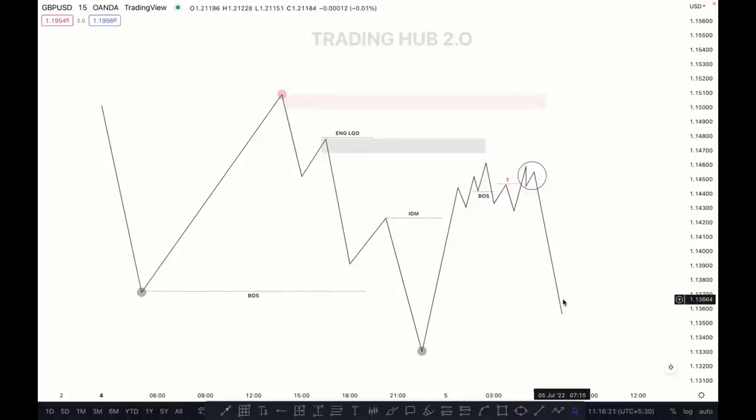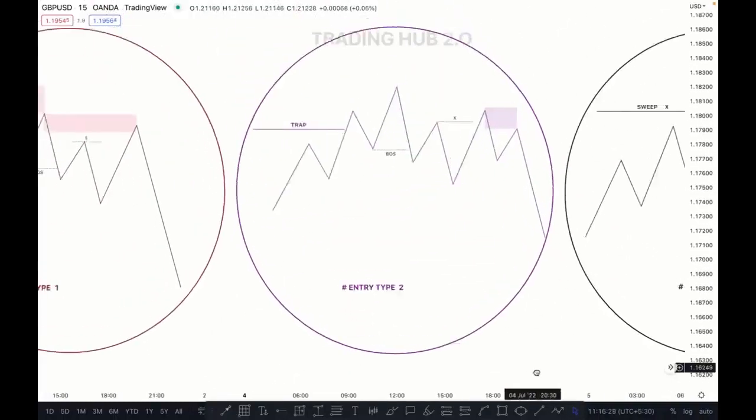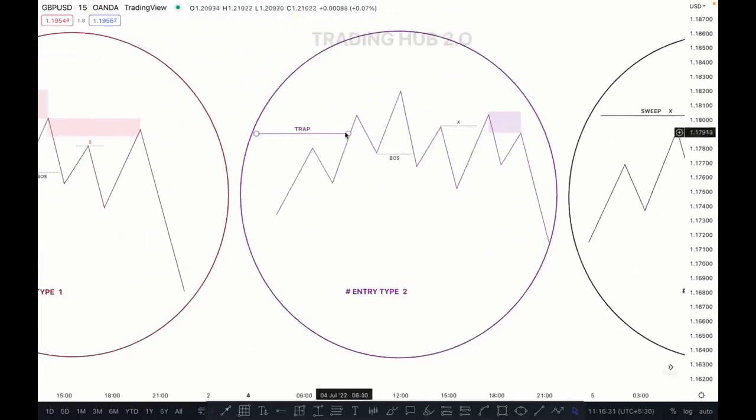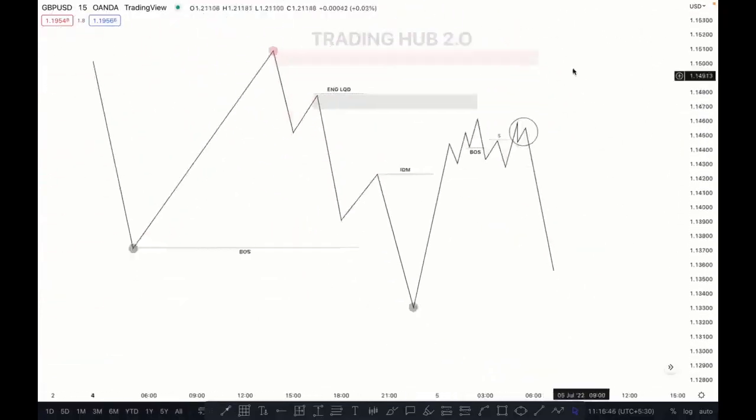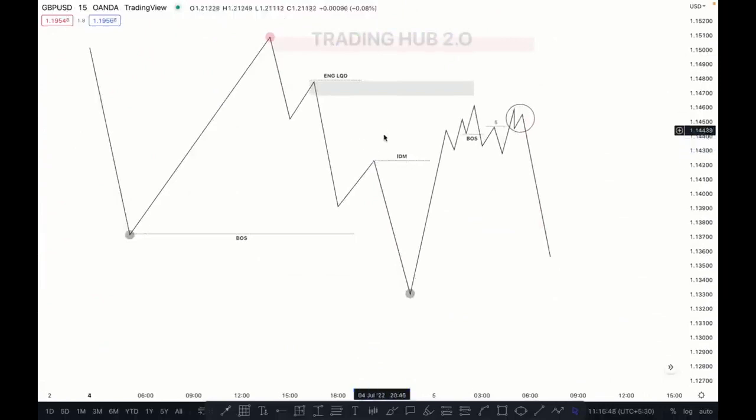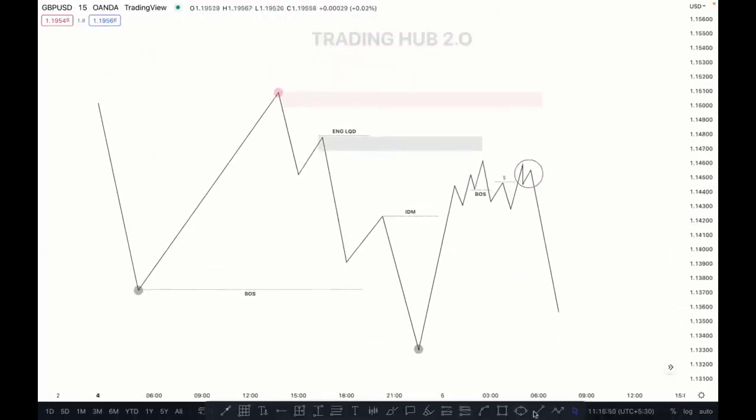So this is our first scenario when we can sell, and this is called entry type 2, as I mentioned here. The market traps and closes above it, then break of structure, takes out the first minor inducement, and then we can continue to sell. So this applies when the market breaks the structure and closes above it like this, meaning it takes out the inducement and takes out the high.